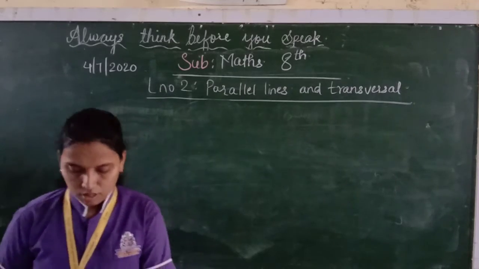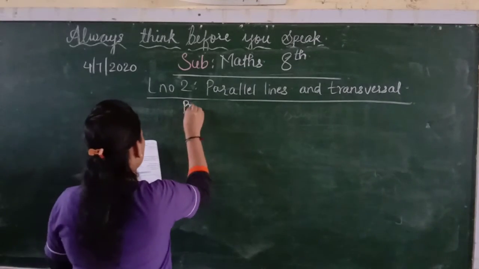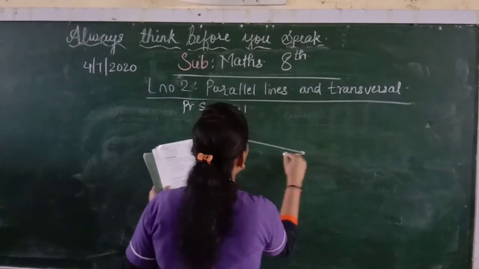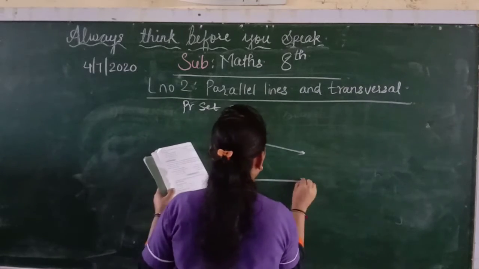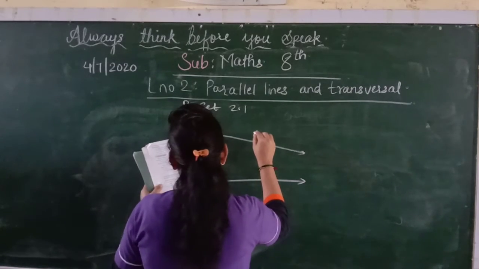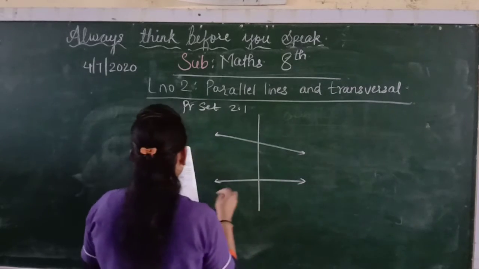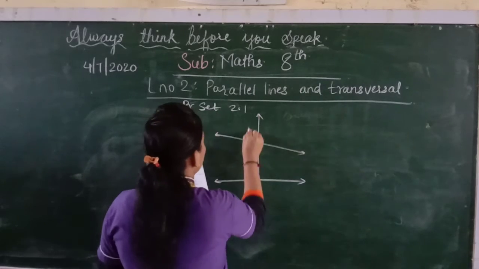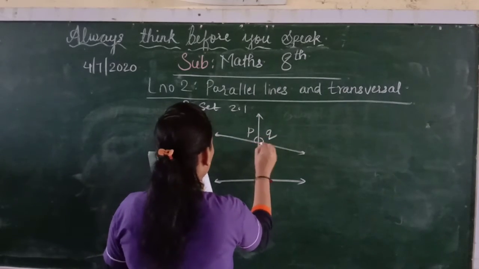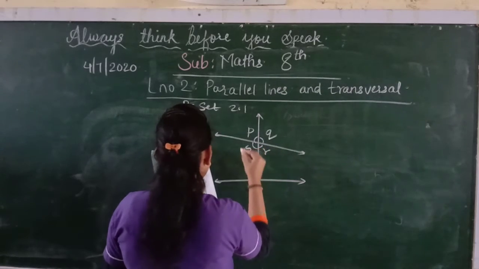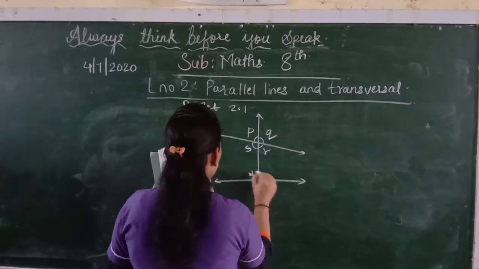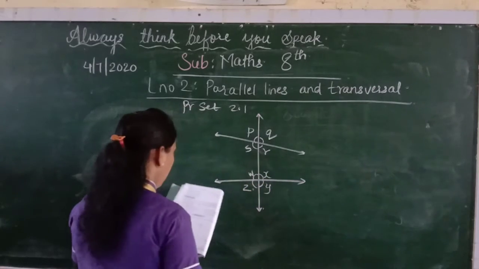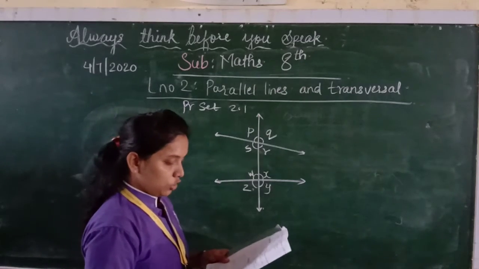Now see the first in practice set 2.1. Now if you see the structure over there, this is P, Q, R and here it is S. Here you have W, X, Y and Z. Now see, in the adjoining figure each angle is shown by a letter.